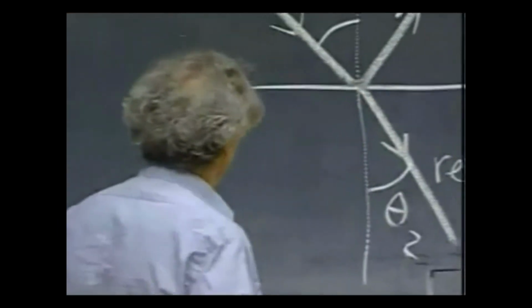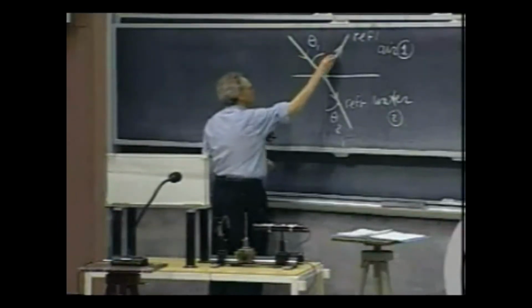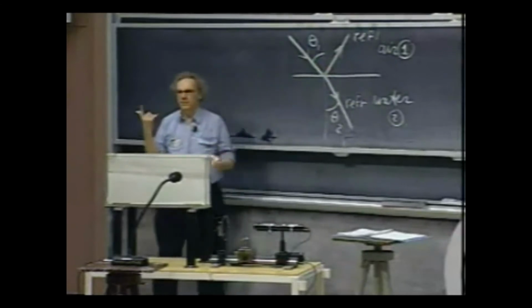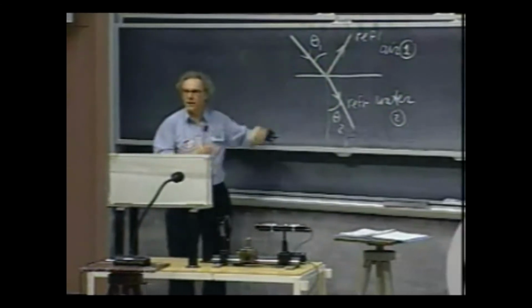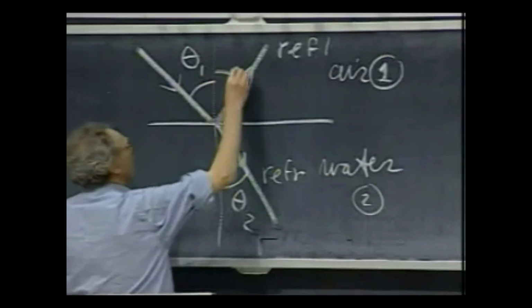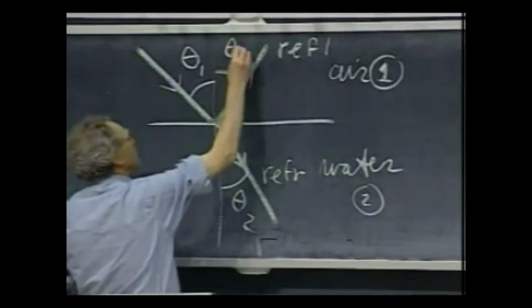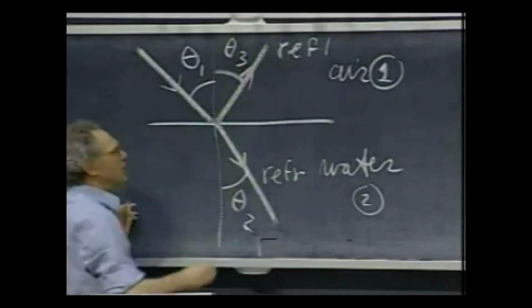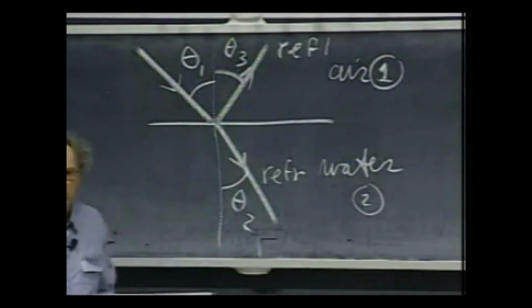The first one is that this beam and this beam are in one plane. As you see, that is the plane of my blackboard. The second thing that he found is that this angle, theta 3, which is called the angle of reflection, is the same as the angle of incidence. That was known before him, of course.